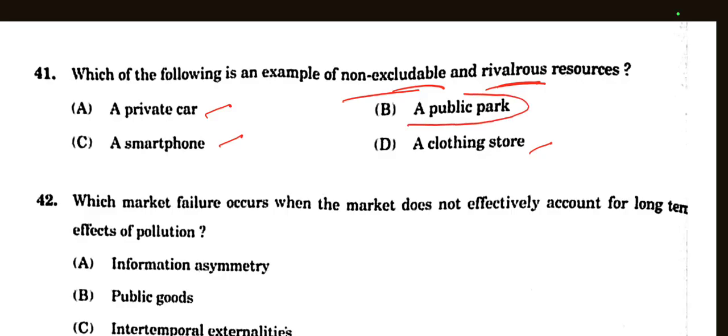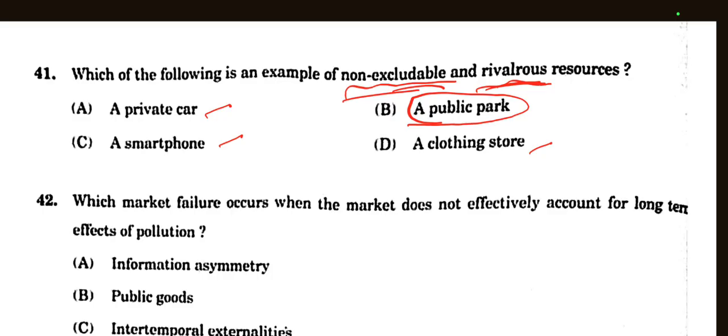But a public park is an example of non-excludable and rival: it is non-excludable because people generally cannot be prevented from accessing it. It is rival because its use by one person can reduce the enjoyment or availability for others, especially when it is crowded.